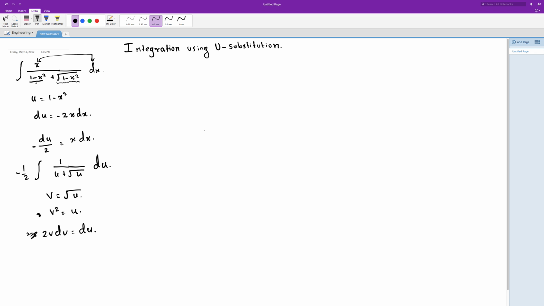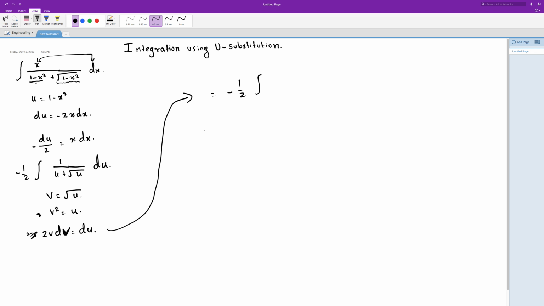Now we have to bring everything in terms of v. We have created the relation for du, and now we can simply substitute in the next equation. Minus half remains the same. Then, instead of du, we plug 2v dv.